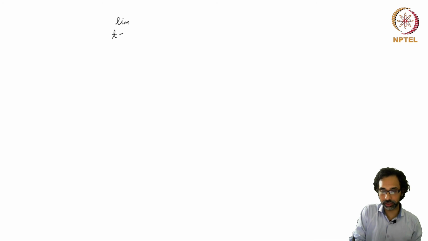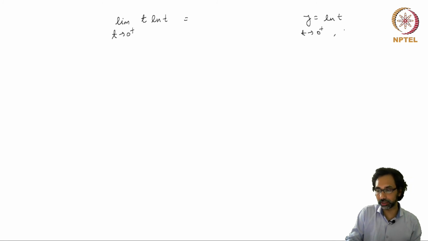This is easy to show. Let's see the limit as t tends to 0 plus of t ln t. If I take y to be log of t, then as t goes to 0 plus, y goes to minus infinity.